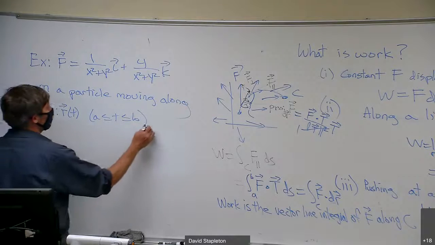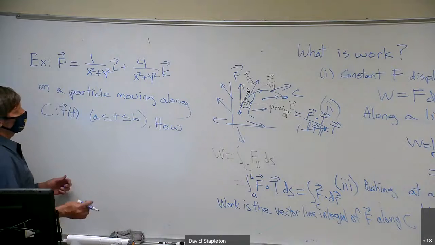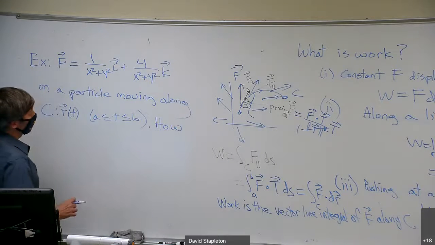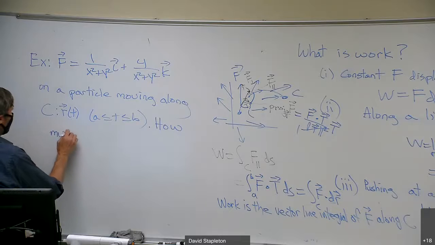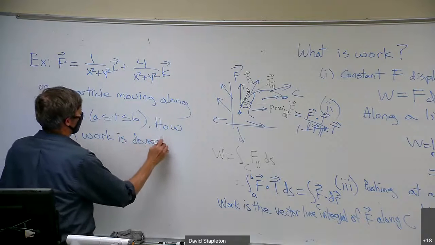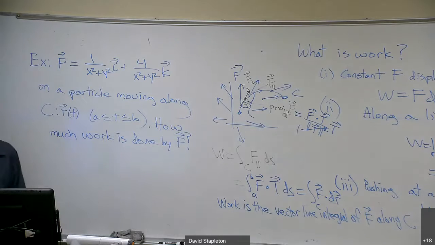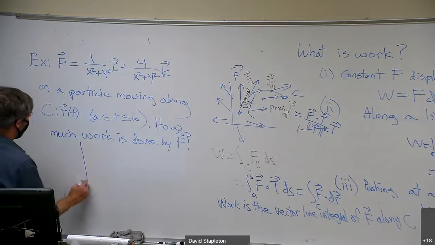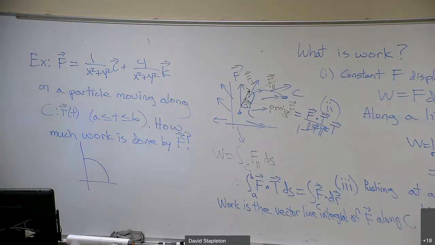How much work does it do? We call that the work done by F, and if you do the work to push it back, it's the work against F. Anyway, how much work is done by F, where C is this path, a quarter circle of radius 4?